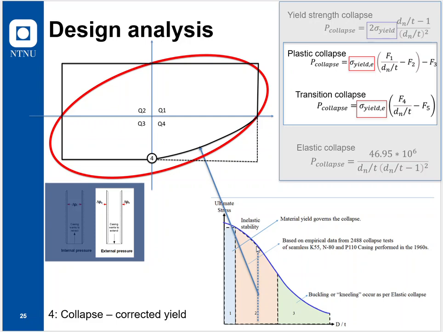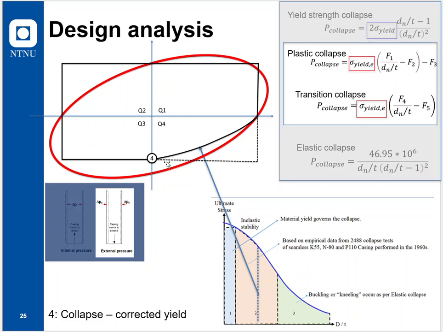We see the curve here, and the further you are to the right, the further away or up here you will find the collapse resistance. But again, only 3 curves. Yield strength, which is represented by von Mises.